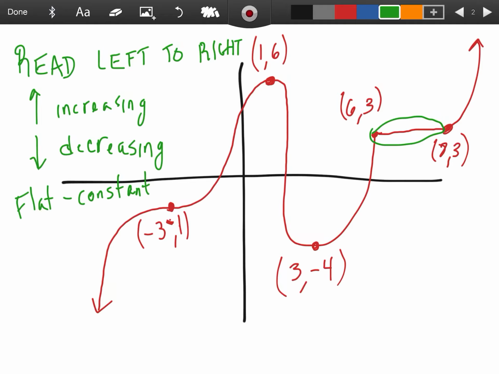Now it is important to remember that we are labeling these using x intervals. So I'm going to write down here our increasing intervals, our decreasing intervals below it, and our constant interval up here.